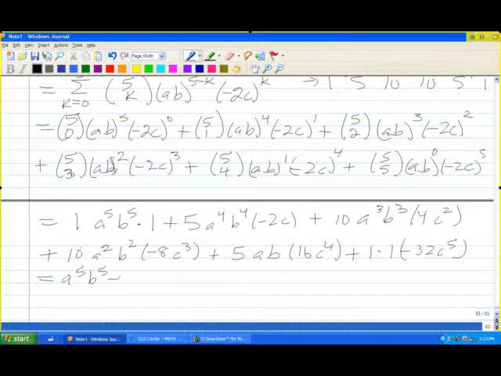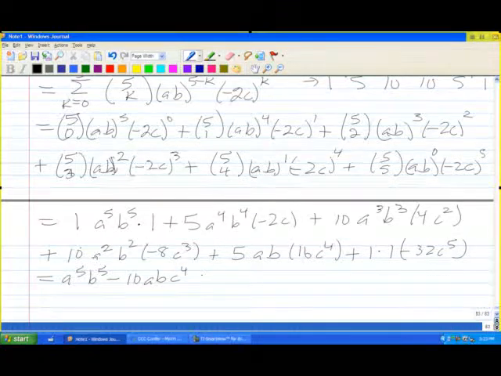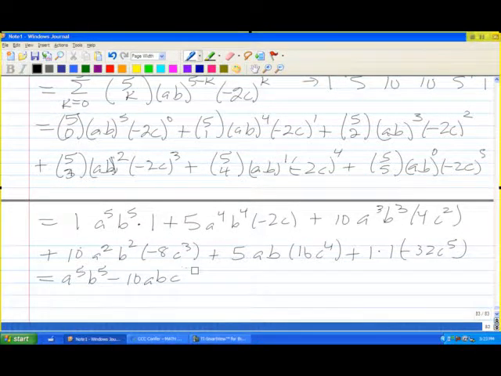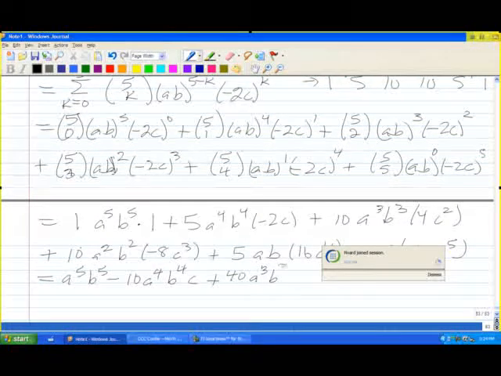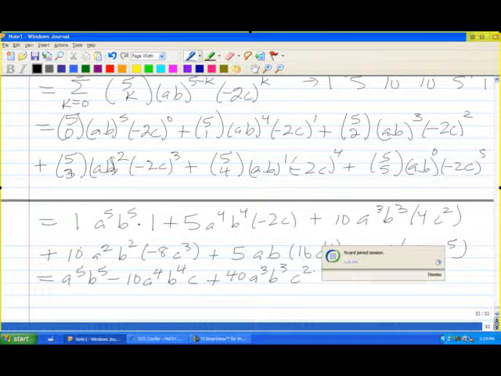Okay, so now A to the fifth, B to the fifth. 2 times 5 is 10. No, I'm looking at the wrong thing now. A to the fourth, B to the fourth C. Plus 10 times 4 is 40, A cubed, B cubed, C squared.